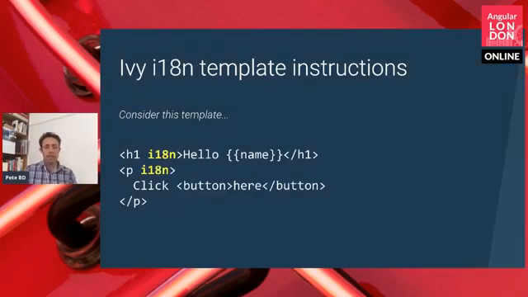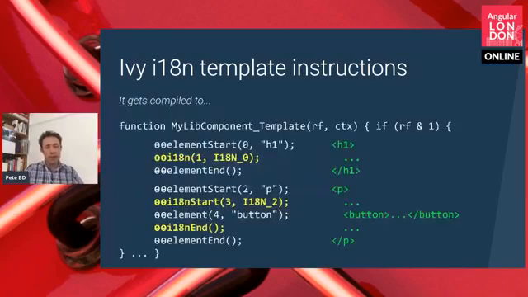If you imagine this template here, we're going to compile that with Ivy, and you end up with some instruction set that looks like this. I won't go into too much detail, but you can see that there's an element H1 start and an end. There's a P start and that ends. And within the element start, we've got this call to I18N with a variable, which we'll talk about in a second.